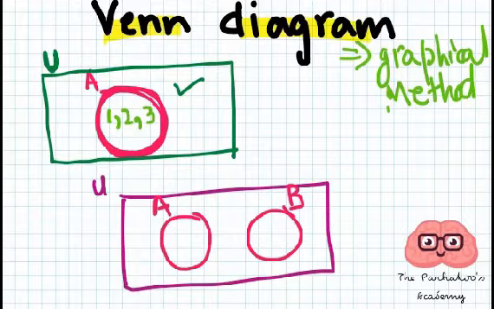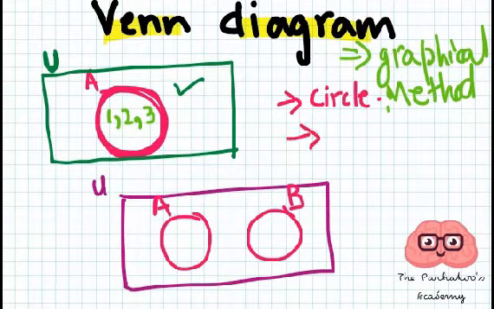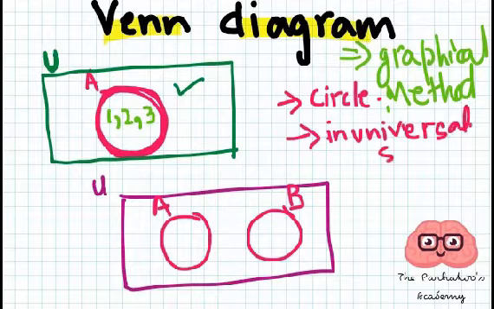So the first thing you have got from here is that we use circles to represent sets. The second thing is we always put the circles in the universal set, right? So this is the basic thing about the Venn diagram.